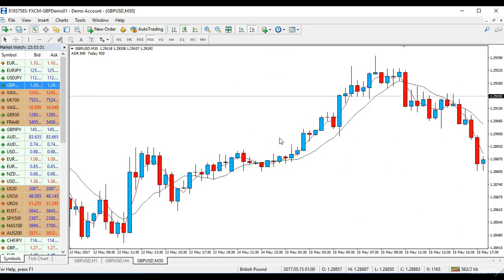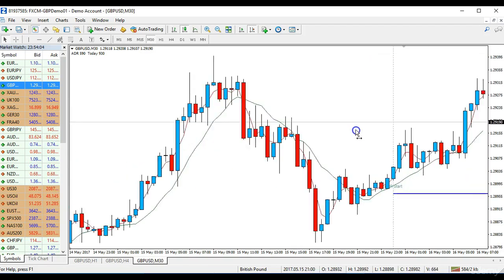So for example, when you see this 3 period simple moving average and you see that these candles are moving up very, very fast, that tells you that there's a lot of energy in the market. And when you trade, at least in my systems, I want to look for a lot of directional energy in the market, because I want to trade in the direction of the market energy. That's what I use these indicators for.